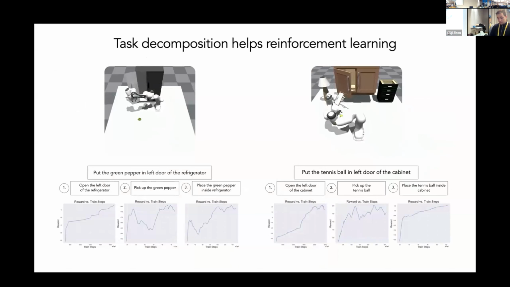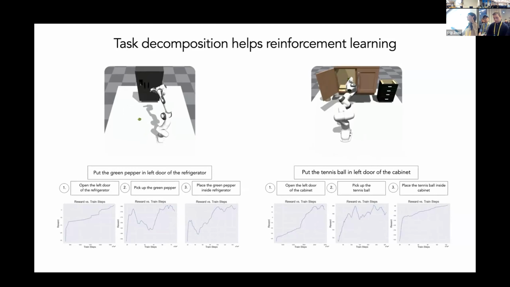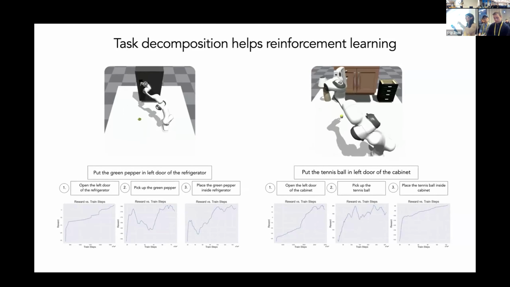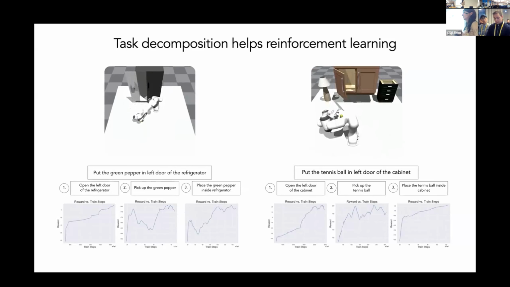You need to open the left door, pick up the green pepper. These are the different tasks with the corresponding reward functions, and optimizing them in sequence one by one is able to achieve the task. While if you have one complex reward, without this temporal decomposition, you will not be able to essentially achieve the task without guiding PPO anymore.